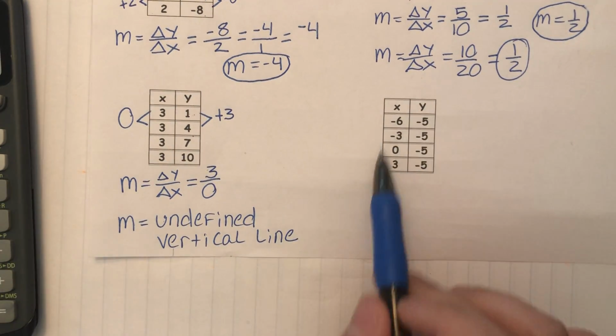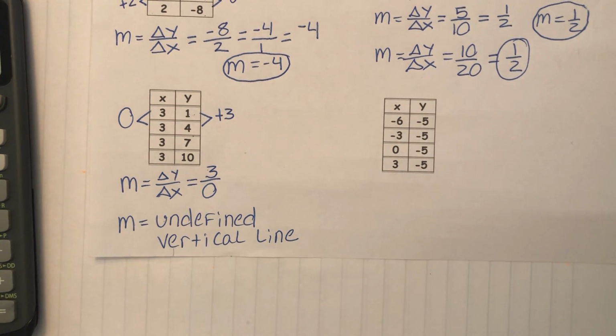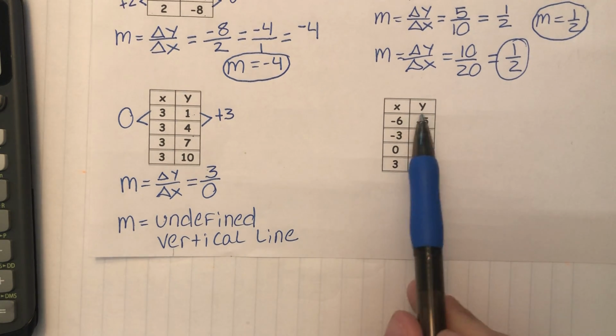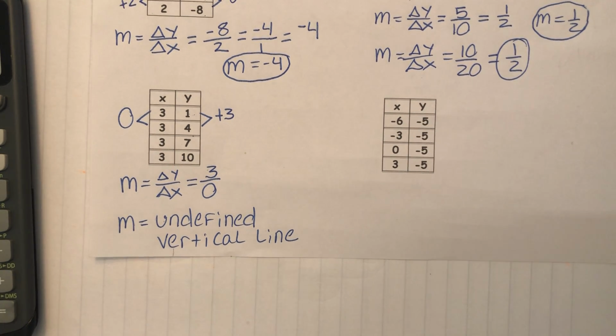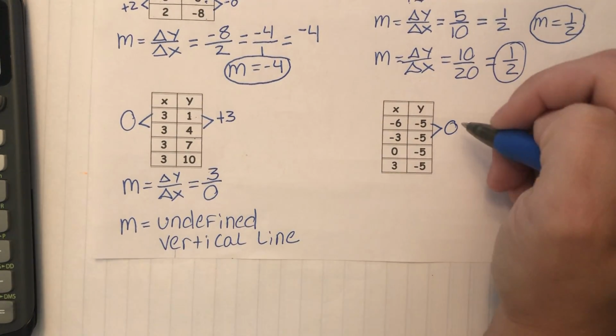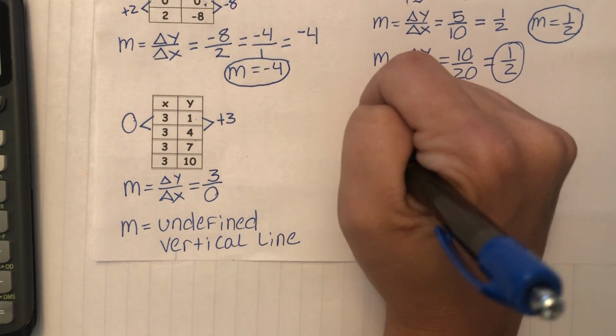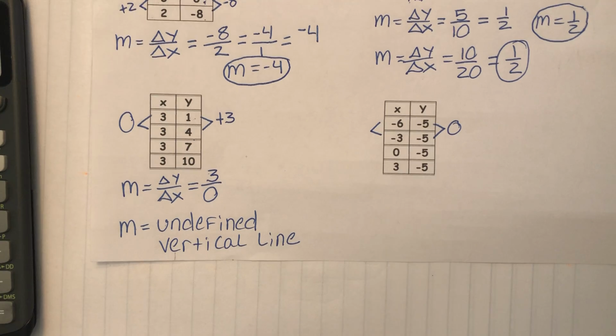All right, this table over here, take a quick peek at it and see if you notice anything. So if you notice, our y values are all the same. What do you think our slope is going to be when the y values are all the same? Let's figure it out. Change in y values. From -5 to -5, 0 change happened. Stayed the same. From -6 to -3.